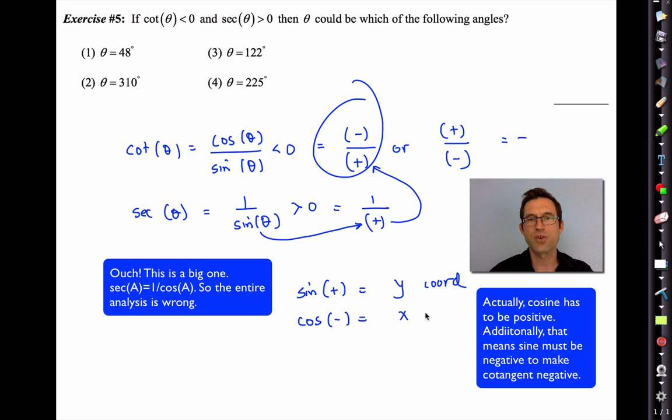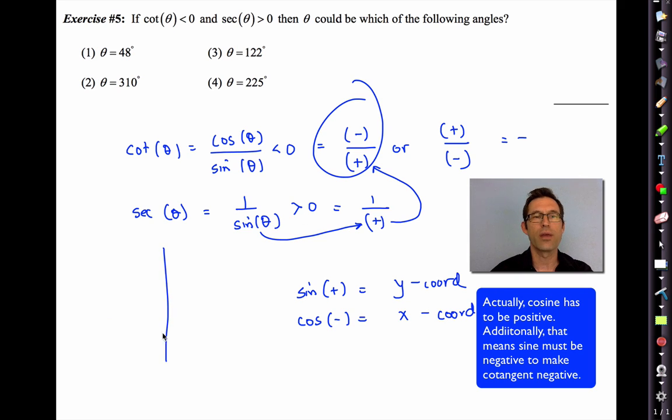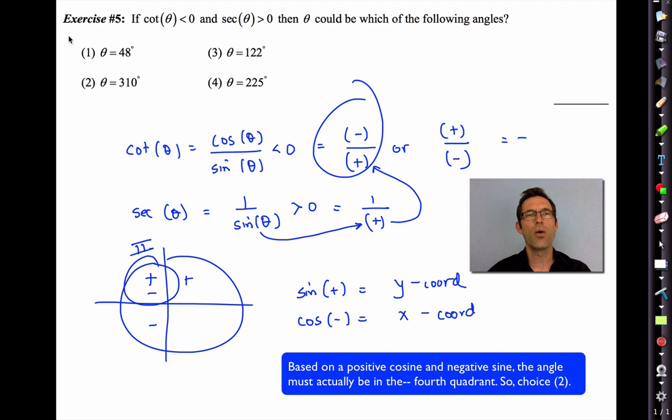Remember, that's the x-coordinate. So then the question becomes, in what quadrant is the y-coordinate positive, but the x-coordinate negative? That's got to be quadrant 2. And which one of these is a quadrant 2 angle? Well, that's choice 3. It's kind of cool.